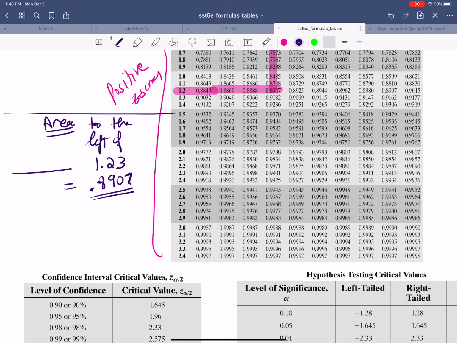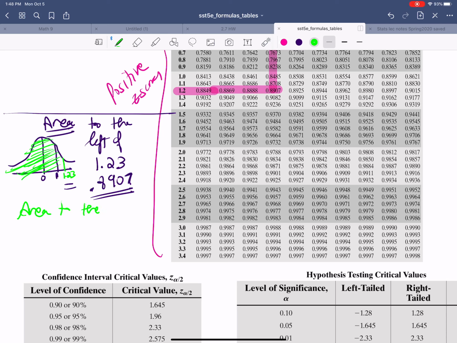Where is 1.23 on your standard normal curve? Think about it, you have 0 over here, 1 standard deviation here. 1.23 is approximately here, and that's where it would come out to be 0.8907.